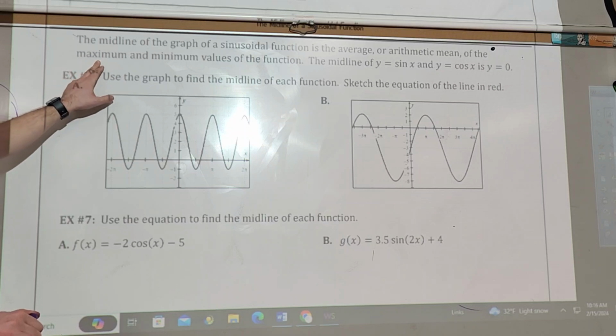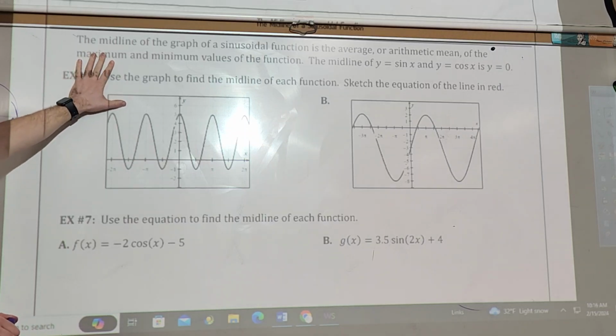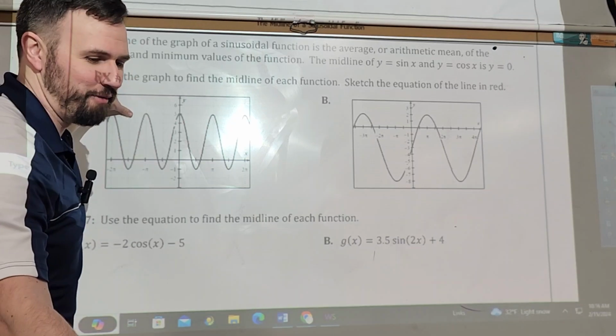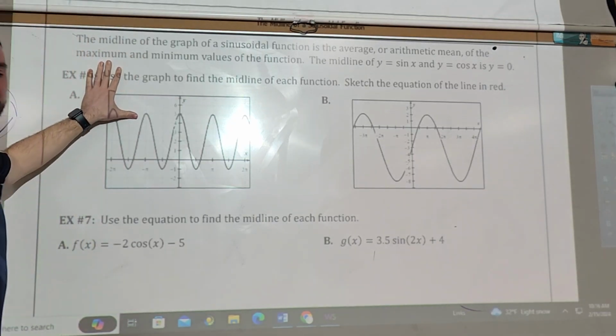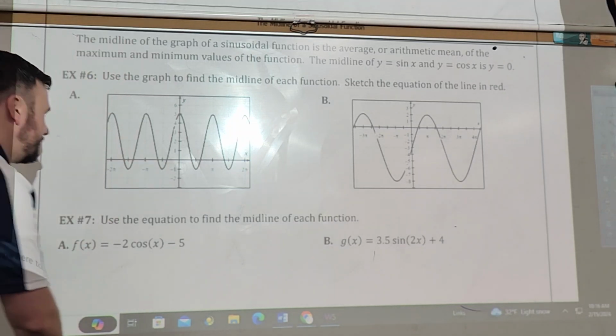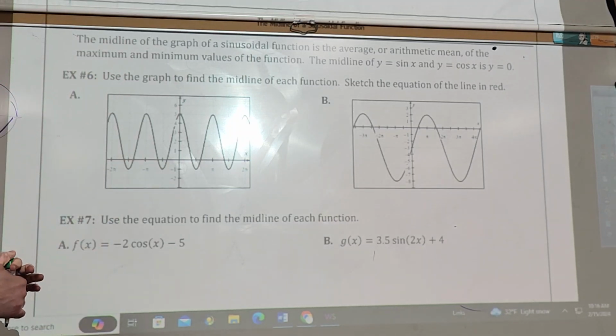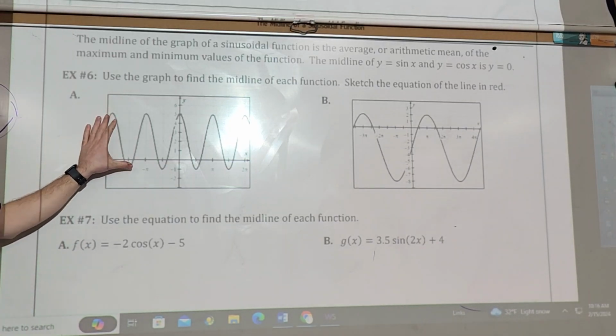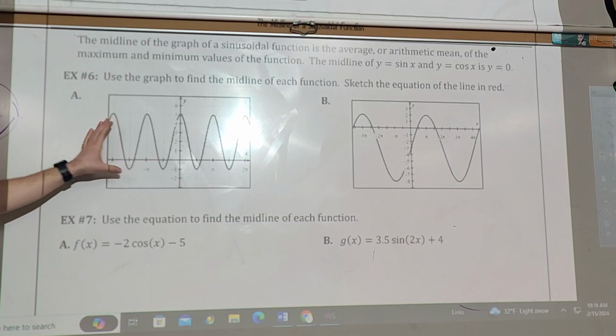Midline. We've done this before, right? We've been finding midlines. So again, sorry, might be a review. Let's use the graph of the midline to come up with our amplitude. All right. So how can I find the midline? Is there a mathematical way to always find the midline? Yes.